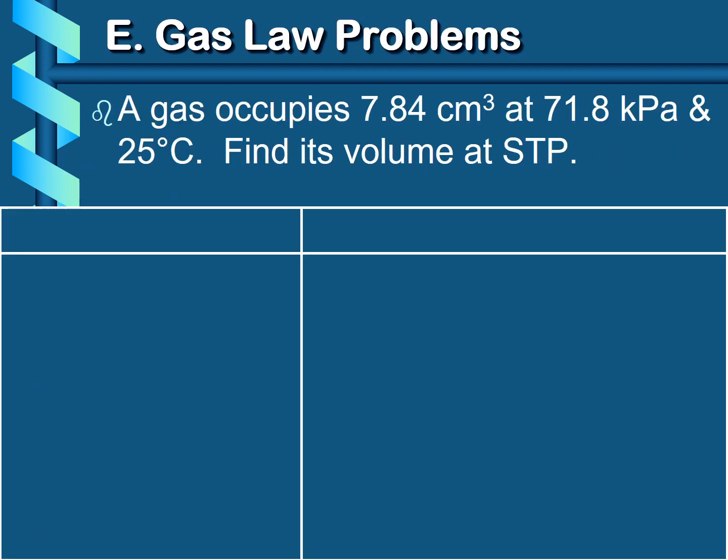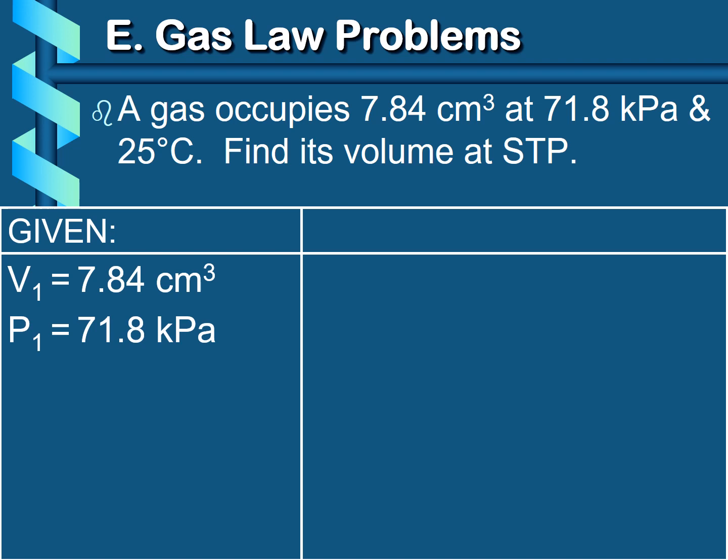Another problem, a gas occupies 7.84 cubic centimeters at 71.8 kilopascal and 25 degrees Celsius. Find its volume at standard temperature and pressure. So we have V1 given in the problem as 7.84, P1 to be 71.8 kilopascal, and T1 equal to 25 degrees Celsius or 298 Kelvin if you add 273 to 25 degrees Celsius.